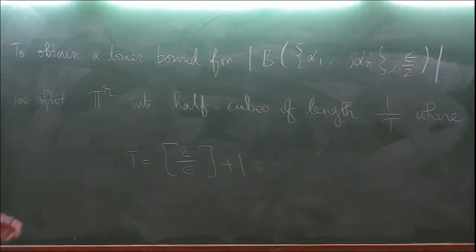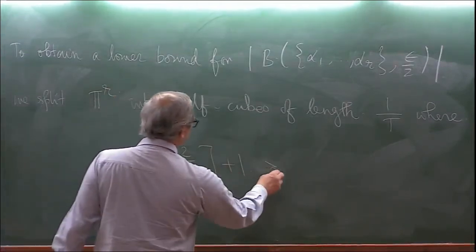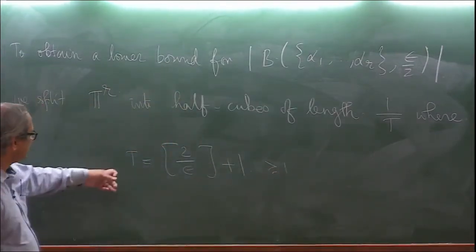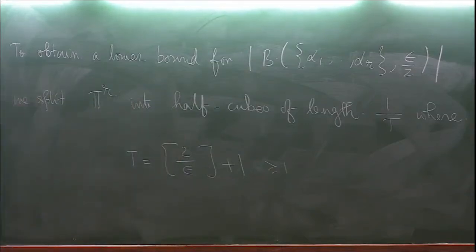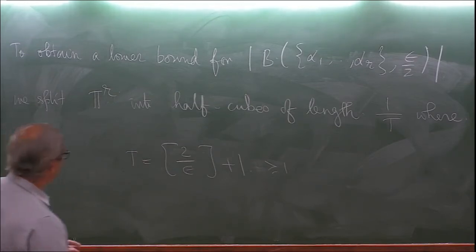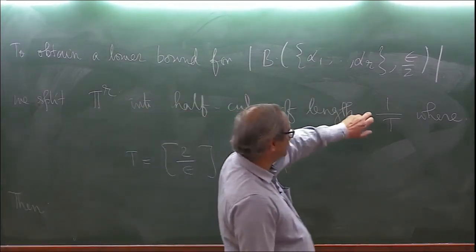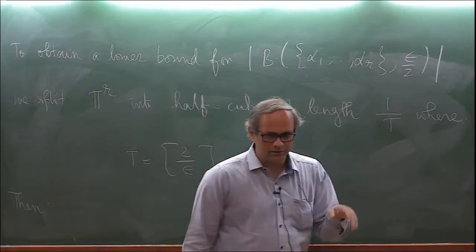Okay, so this is some number bigger than or equal to 1, and you take this t and you split the torus into intervals of length 1 by t, and then t to the power r you have in boxes. Half cube meaning not going minus t to t, but just 0 to t.